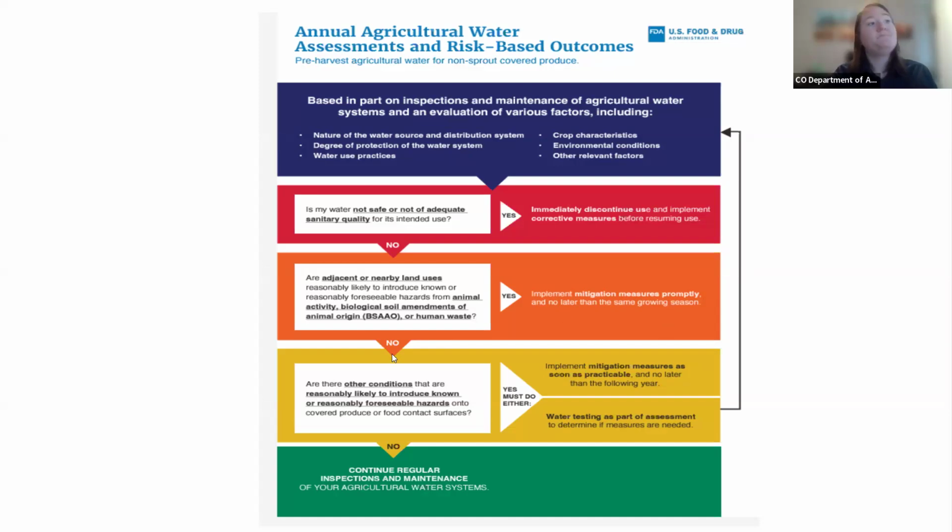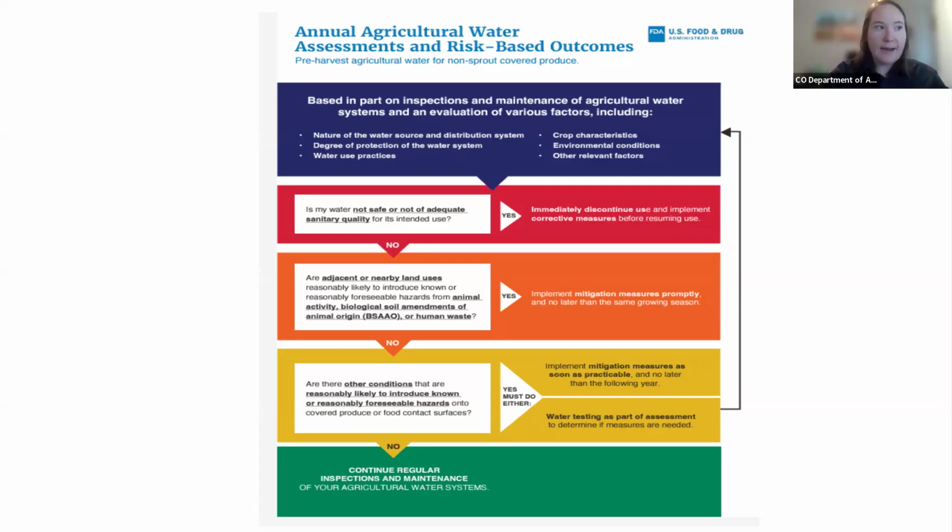If not, any other conditions that could be hazards to your water, you have a couple options here for the yes. So you can either implement mitigation measures as soon as practicable, but no later than the following year. You can use water testing as part of your assessment.